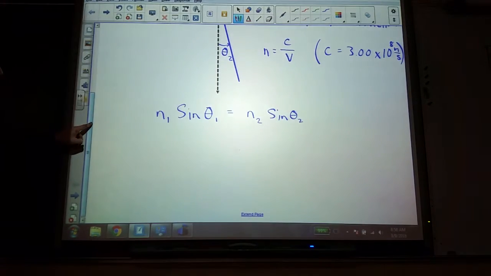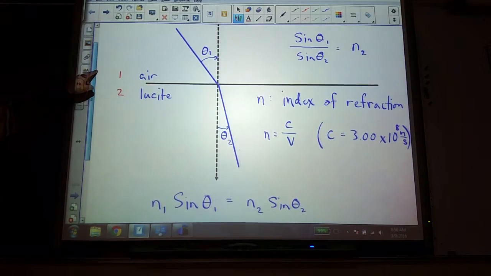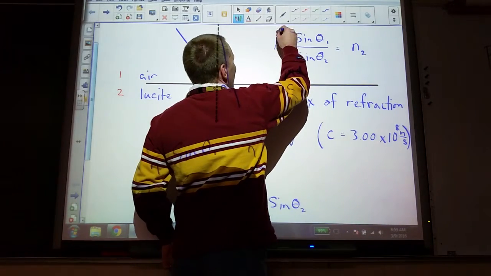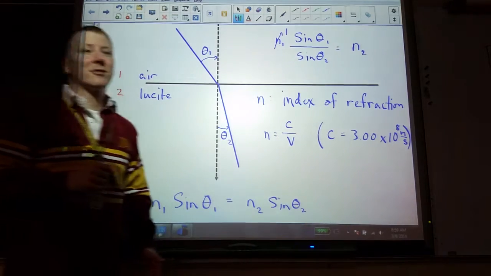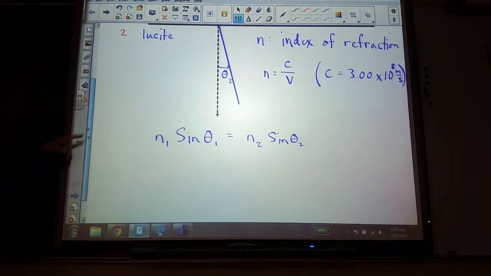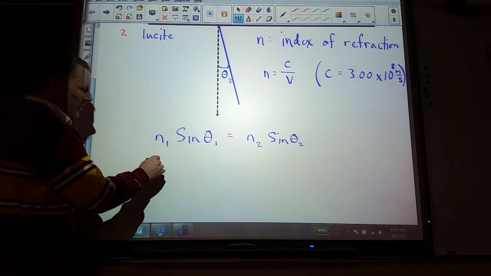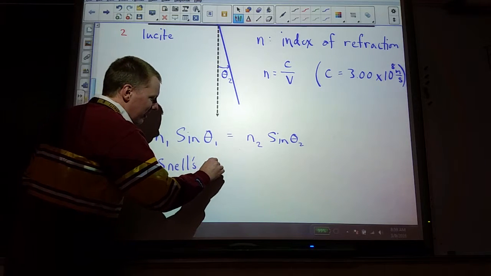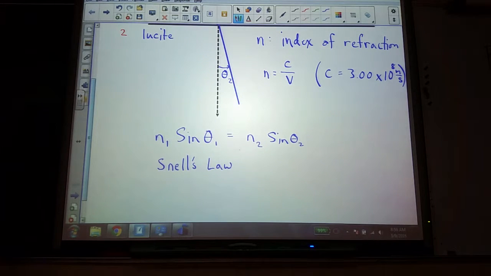The only difference in the lab is that we put this as 1. Air is extremely close to 1, and for our purposes, it is equal to 1. But we kind of ignored that when we were looking at the lab. So when we're actually performing calculations from here on out, we'll use this as Snell's law. It's in your readings, either a Dutch or a Flemish physicist who did this first.